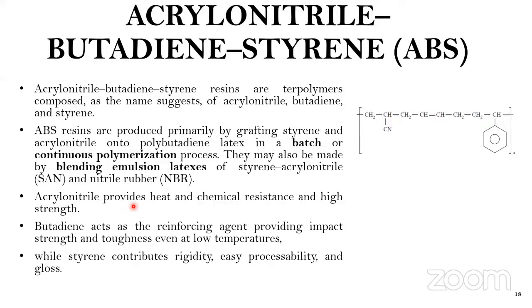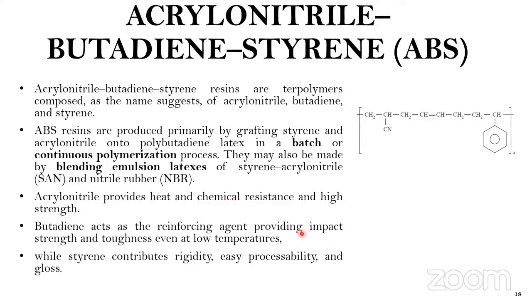What is the role of butadiene? Butadiene acts as a reinforcing agent, providing impact strength and toughness even at low temperature. We know butadiene is a monomer for the elastomer, and they are very flexible at room temperature also.